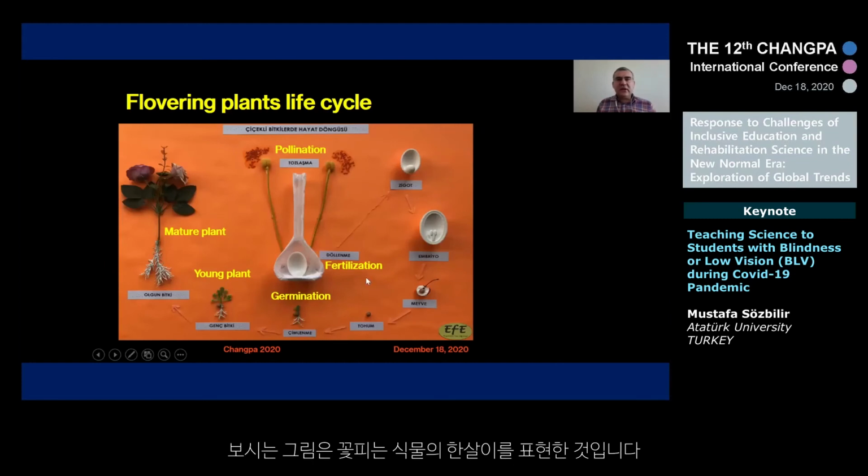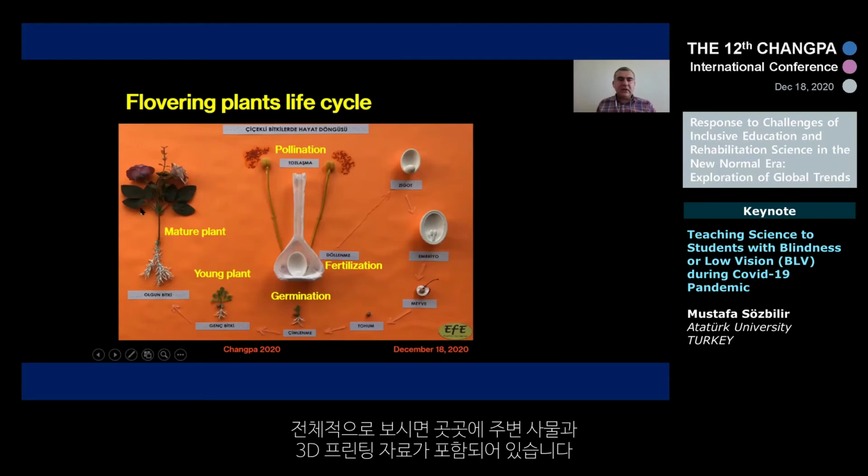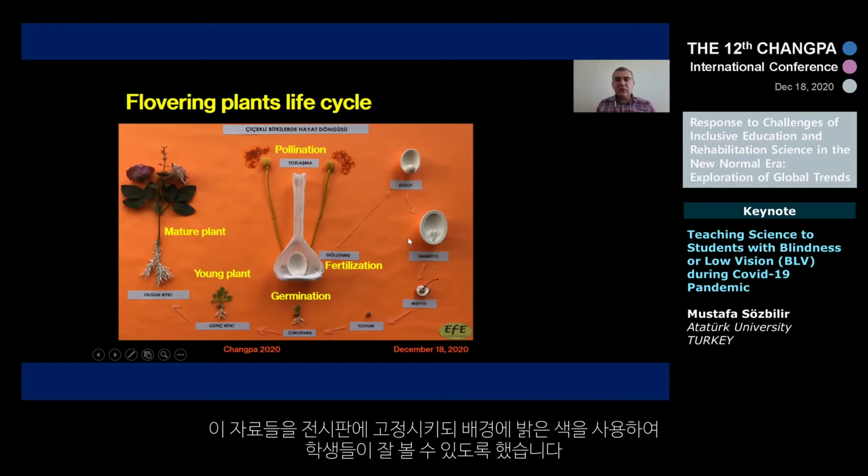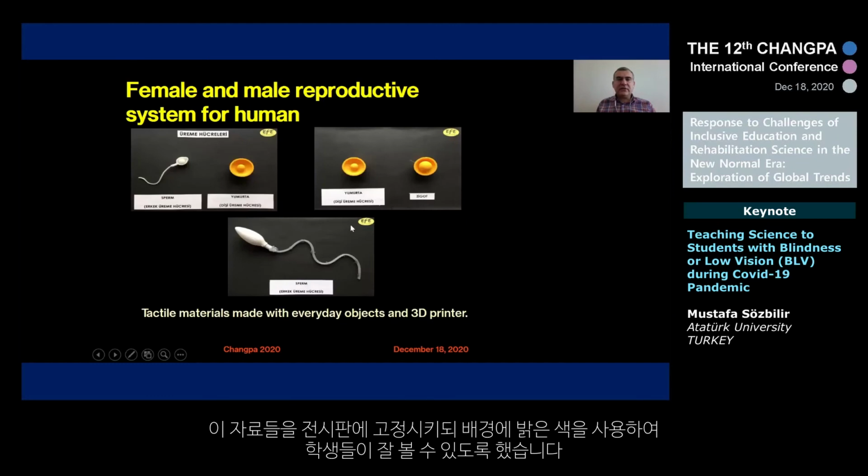And then you can see here the flowering plant's life cycle as a whole. There are some everyday materials and also the 3D printed materials, and it is fixed onto a board, with color differences with light colors to help the students to see.